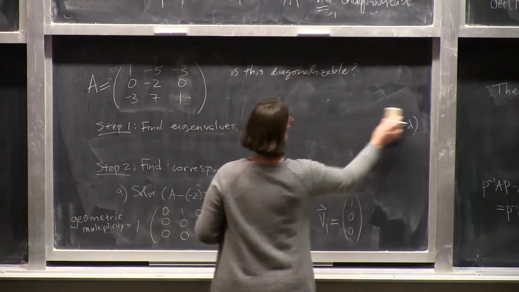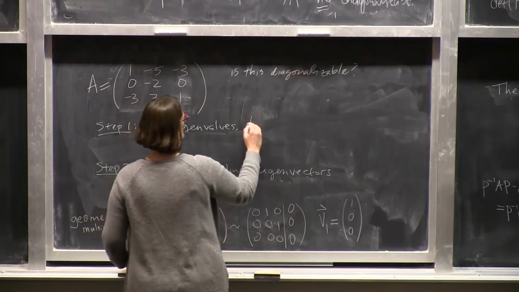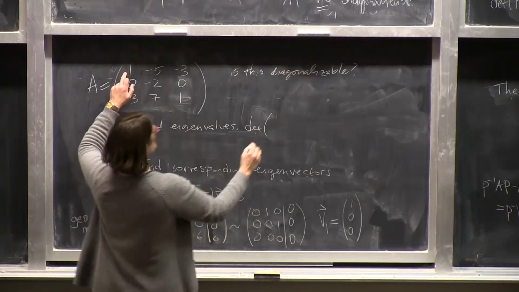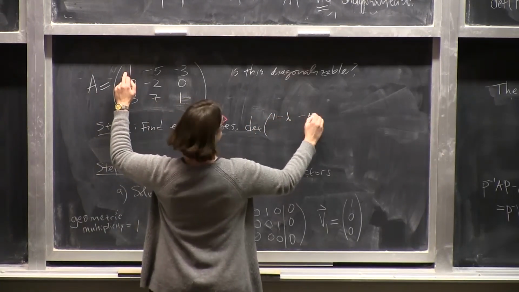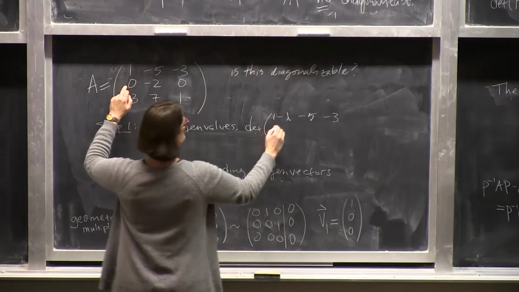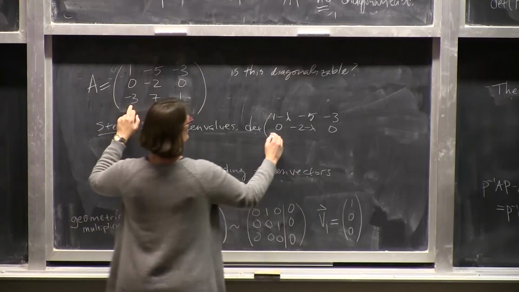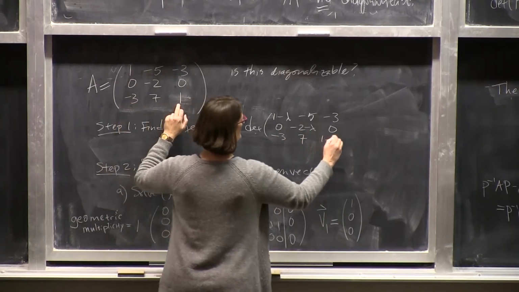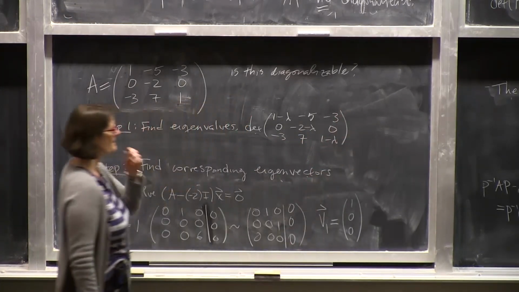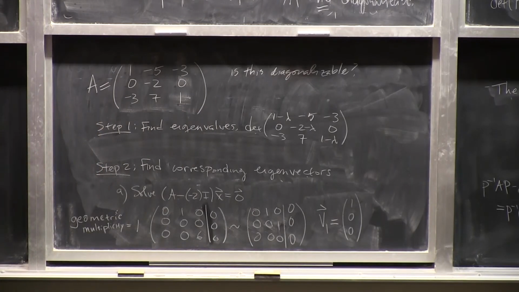So this means I'm going to need to compute the determinant of the matrix with rows 1 minus lambda, minus 5, minus 3; 0, minus 2 minus lambda, 0; minus 3, 7, 1 minus lambda. Is this a determinant you can compute without too much pain? It's not as easy as upper triangular, lower triangular, or diagonal. But how would you go about doing this one?